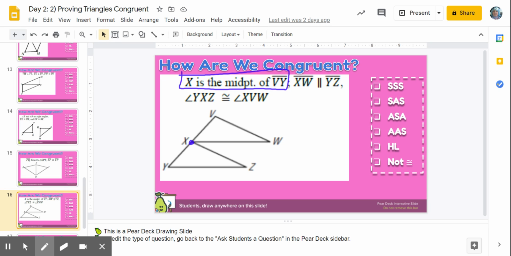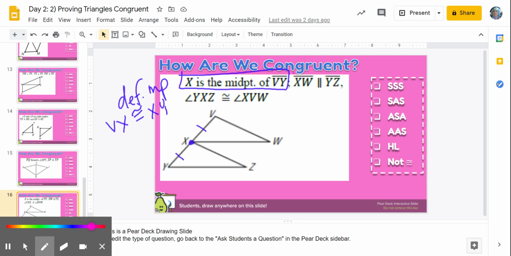Because I know the definition of a midpoint. Absolutely. So because of the definition of midpoint, I can make VX congruent to XY, right? Then I go to the next thing, and I've got XW is parallel to YZ.